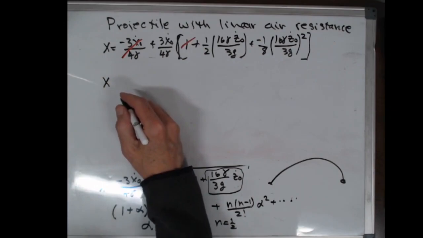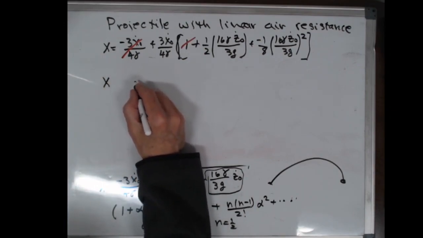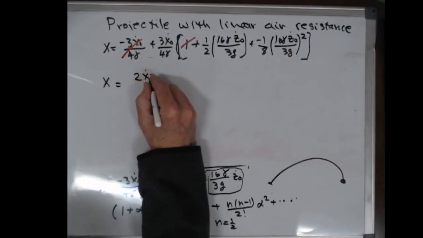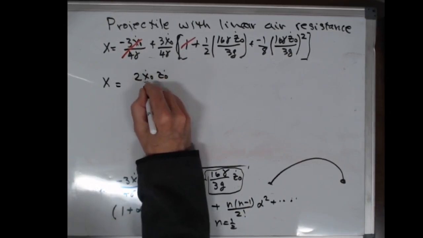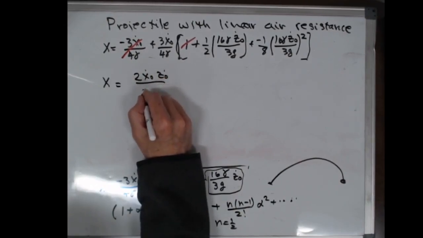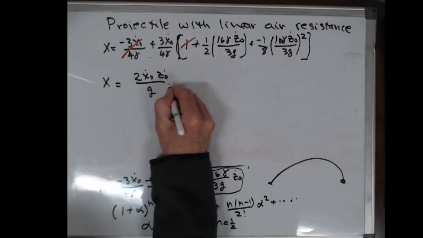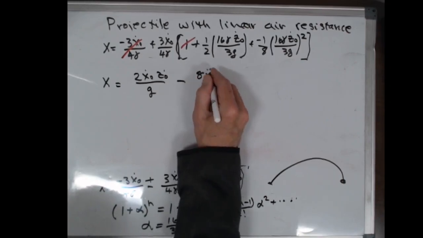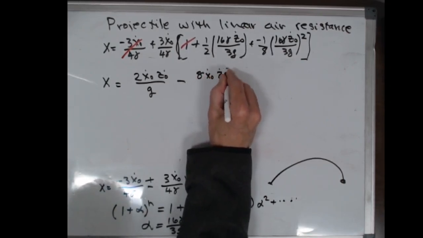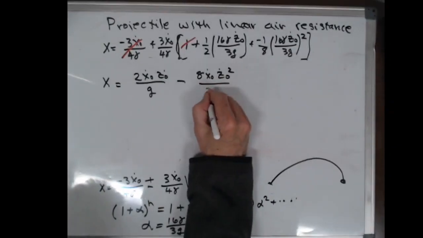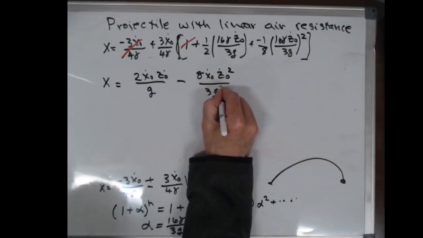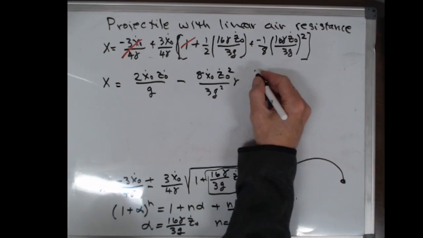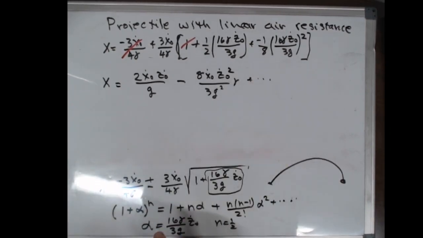We get x is equal to 2 x naught dot z naught dot over g minus 8 x naught dot z naught dot squared over 3 g squared gamma. And there would be plus higher order terms.